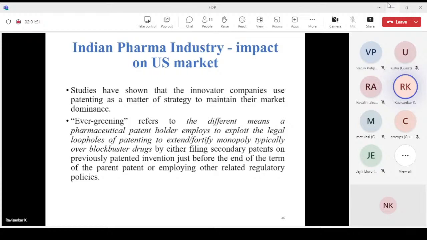Good evening, sir. Good evening, Ravishankar sir, and good evening, Varun Pulipati sir. Sir, you have nicely explained from basics to the current scenario: what are GATT, TRIPS agreement, WTO, what are patent rights and how to protect our inventions, what are the patentability criteria, what is patentable and what is not patentable.